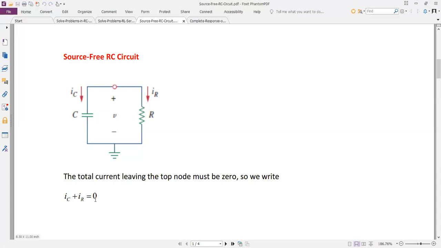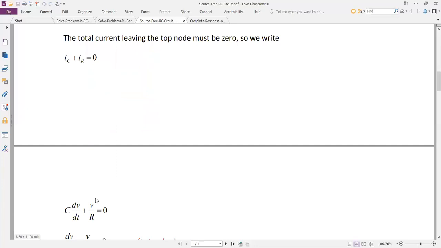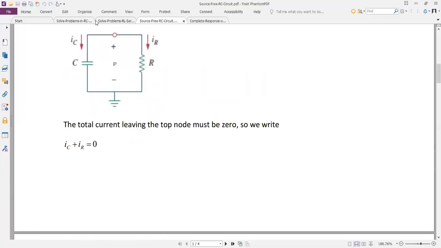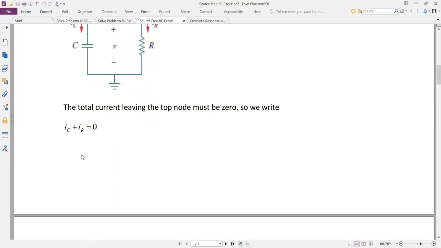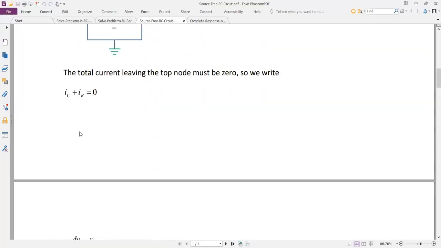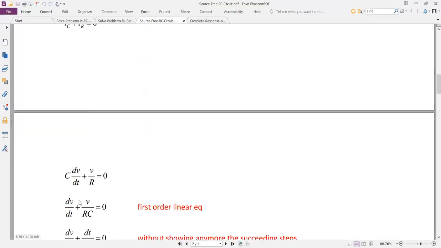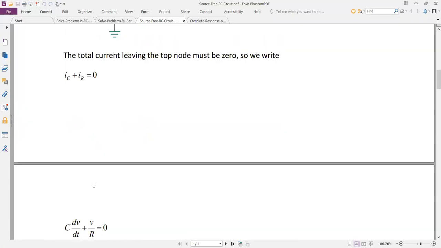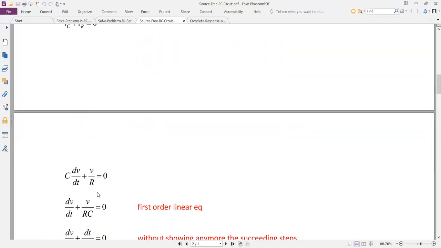Always set to 0. The current passing through the capacitor is subscript C, passing through the resistor is subscript R. We add the 2, and then whatever are these current expressions as discussed, the current in the capacitor is C dV/dt, whereas in the resistor, it's V over R.